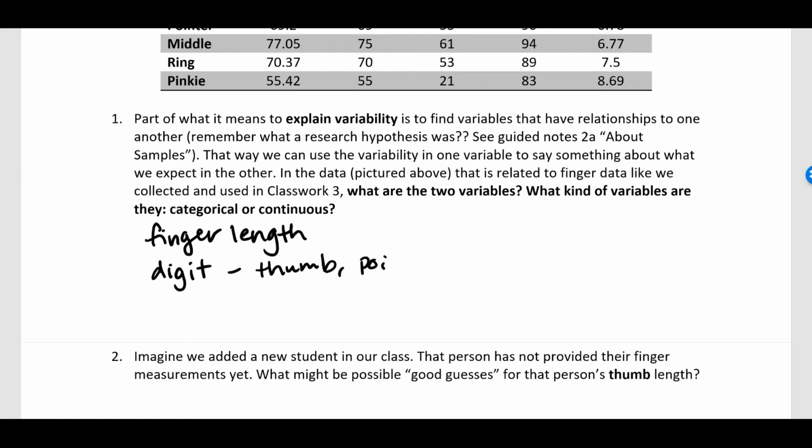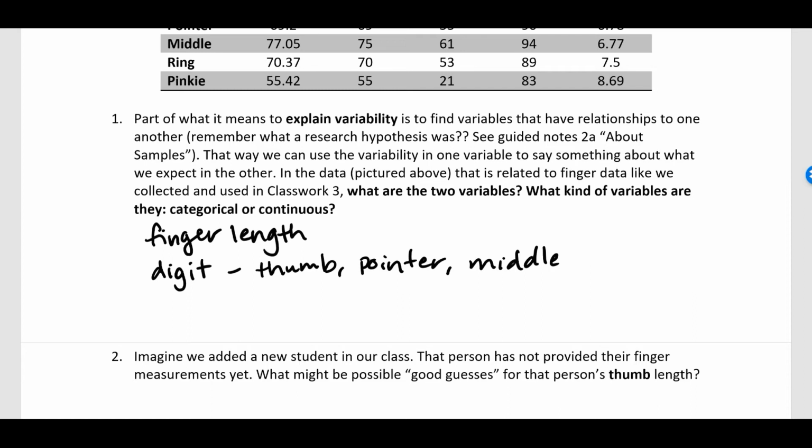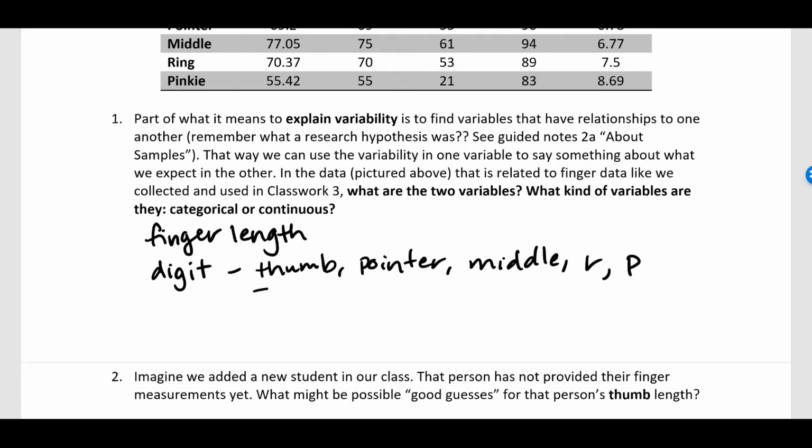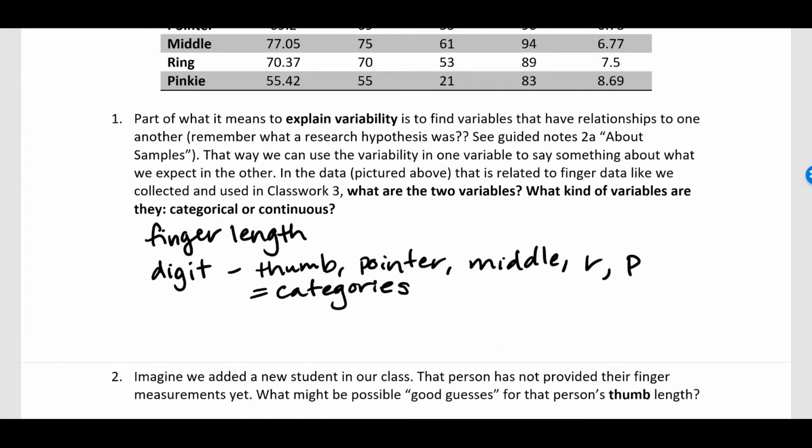Is it a pointer finger? Middle? Ring? Or pinky? Right? So in this case, these are categories. Which category does each finger measurement fall into? Is it a thumb finger measurement? Is it a middle finger measurement? So these are categories, and so this would be a categorical variable.